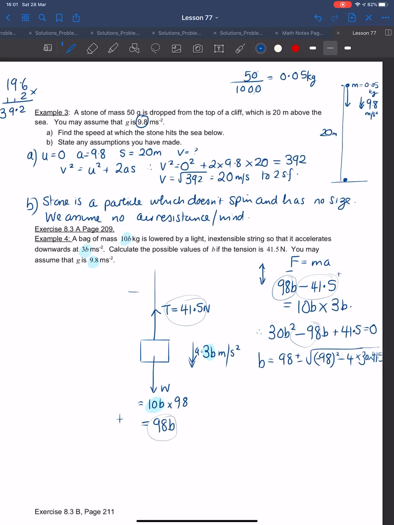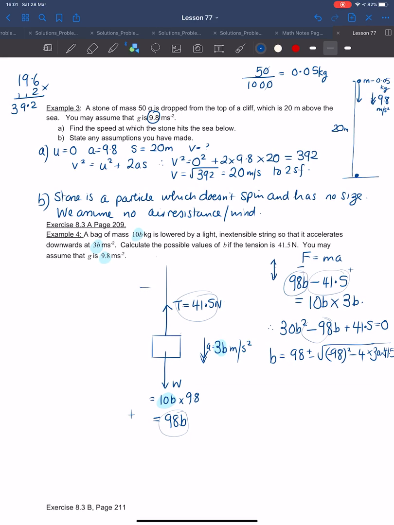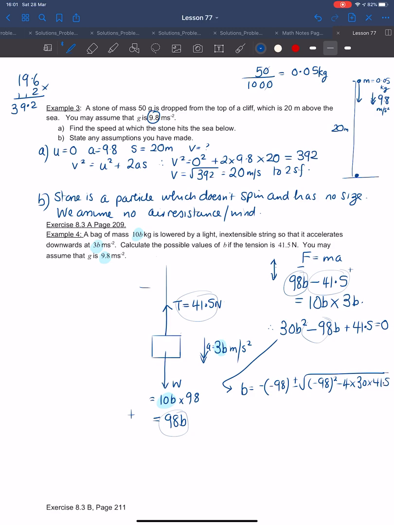Sorry about that. I'll start again with that one because it's going to be messy. I'll write it under here. I've got a little bit more room here. So b is minus, sorry, 98 plus or minus the square root of b squared minus 4ac, all over 2a, 2 times 30.